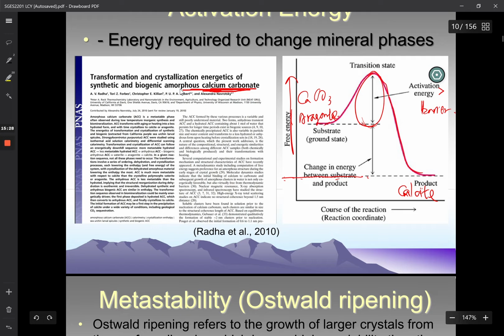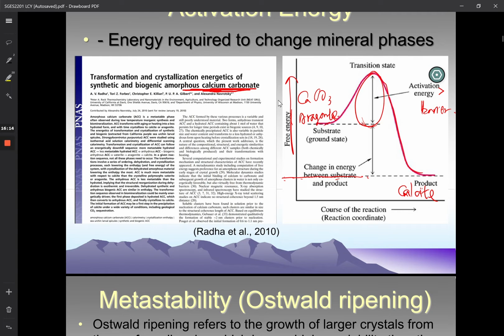So over time, when these bio-induced calcium carbonate precipitations happen, it will start with the formation of amorphous calcium carbonate, and then slowly the amorphous calcium carbonate will rearrange itself into a more ordered crystal lattice, which is also a calcium carbonate structure but more solid, which is aragonite, right?